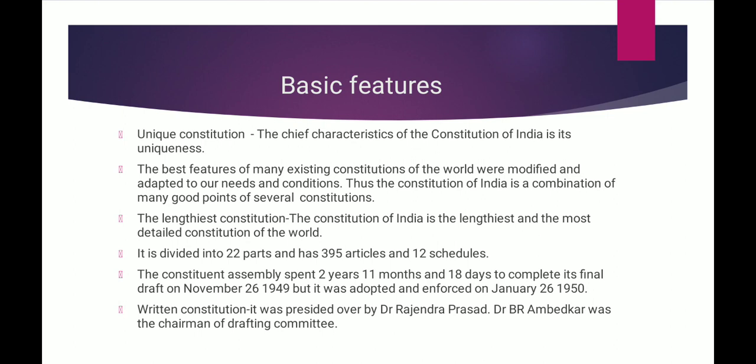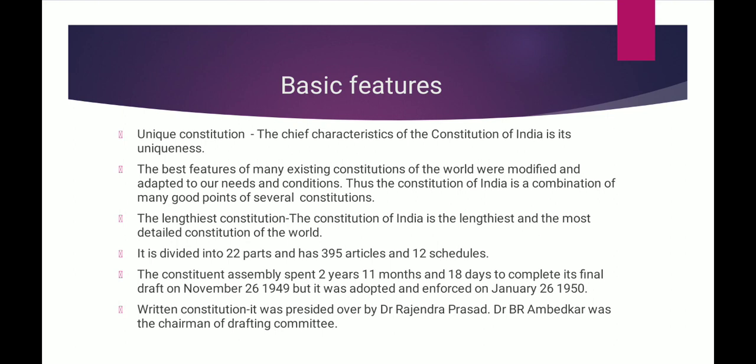And our constitution is a unique constitution. Means the chief characteristic of the Constitution of India is its uniqueness. The best features of many existing constitutions of the world were modified and adapted to our needs and conditions.